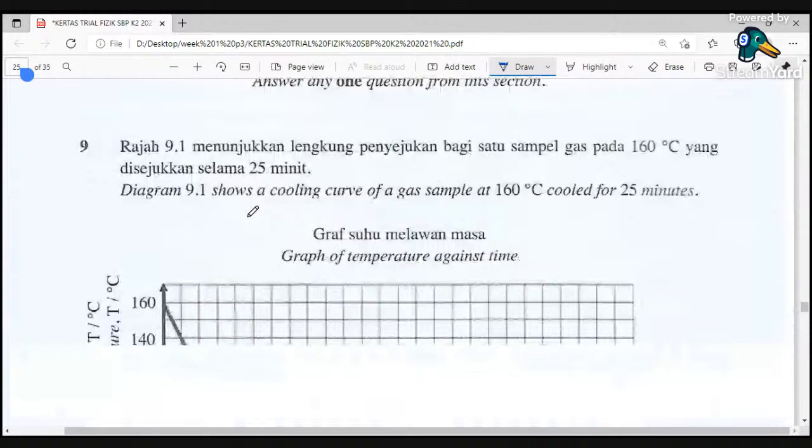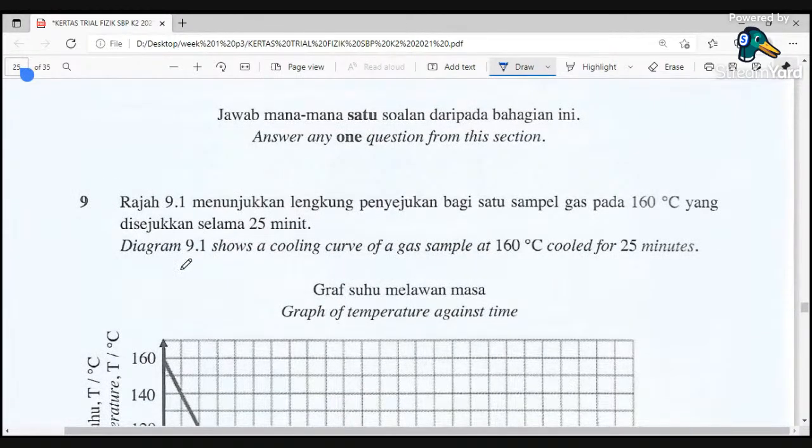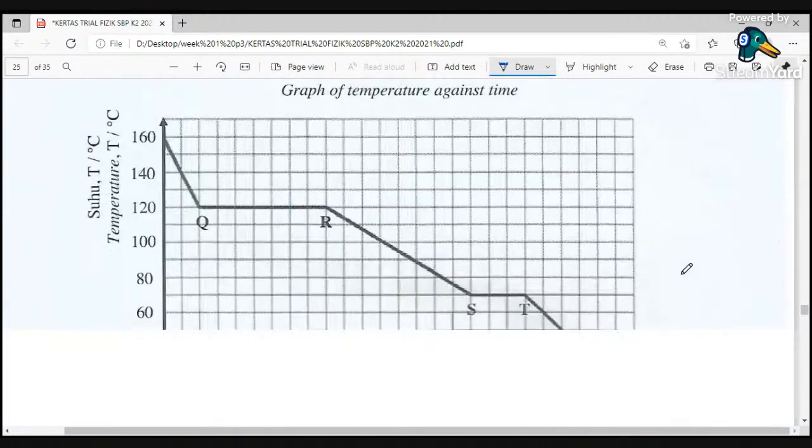Now we look at section B, number 9. Okay, diagram 9.1 shows a cooling curve of a sample cooled from 160 degrees Celsius for 25 minutes.